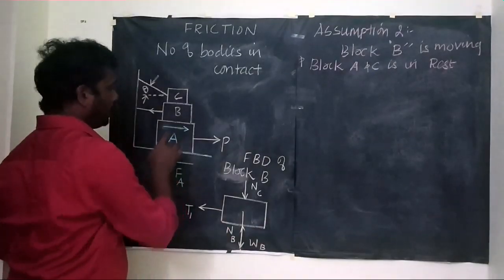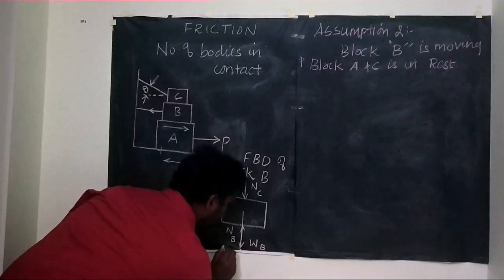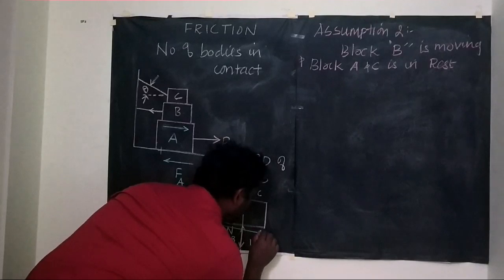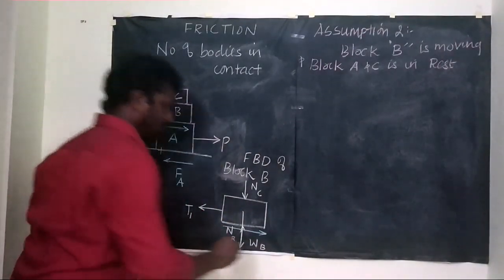This limiting friction force is drawn on the free body diagram, acting towards the right.